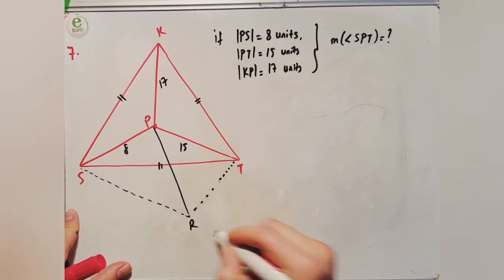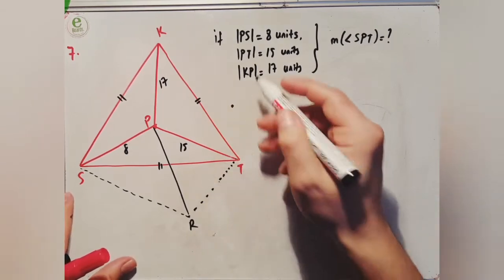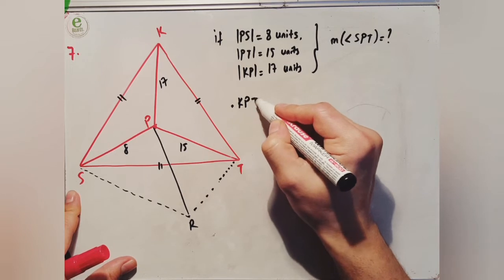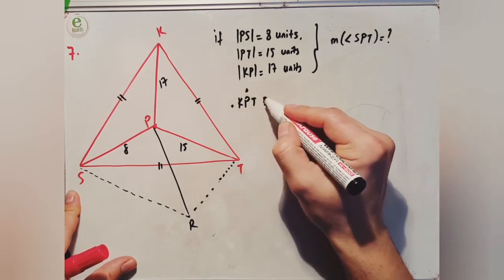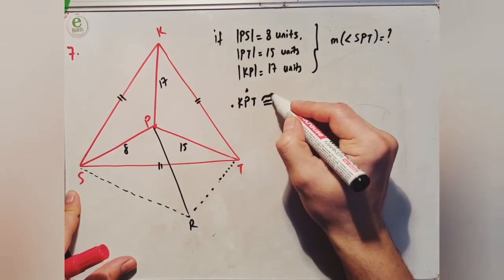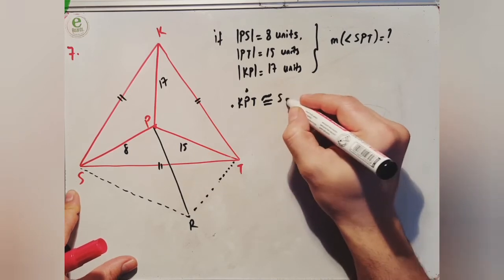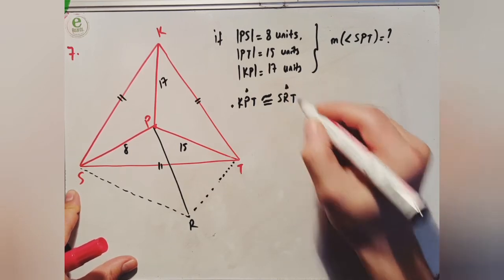Okay, it's R. So let me write: triangle KPT is congruent to triangle SRT.